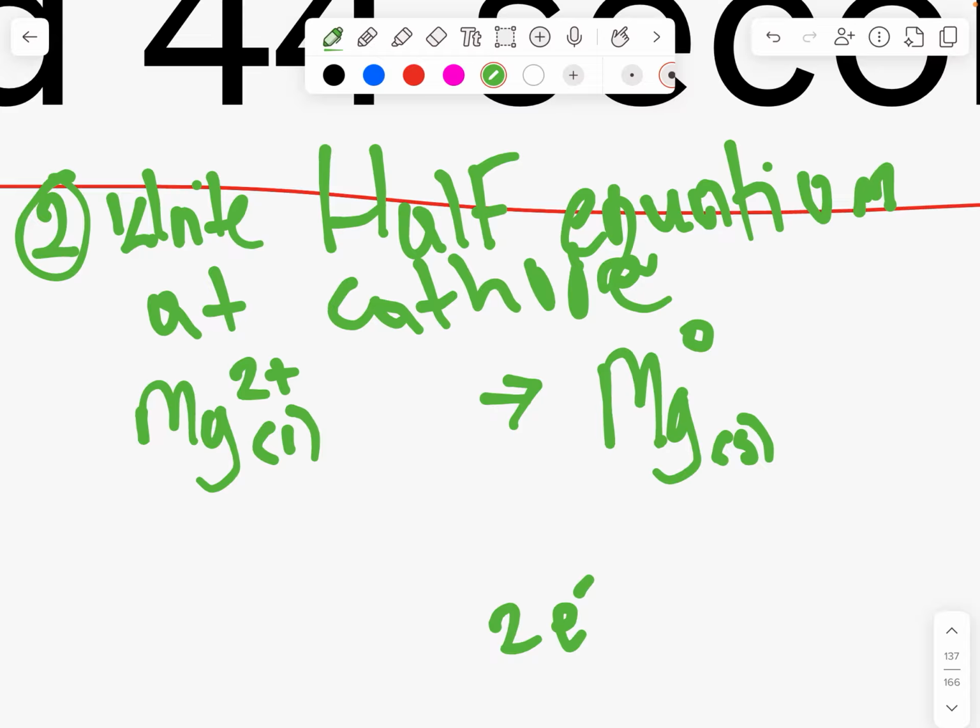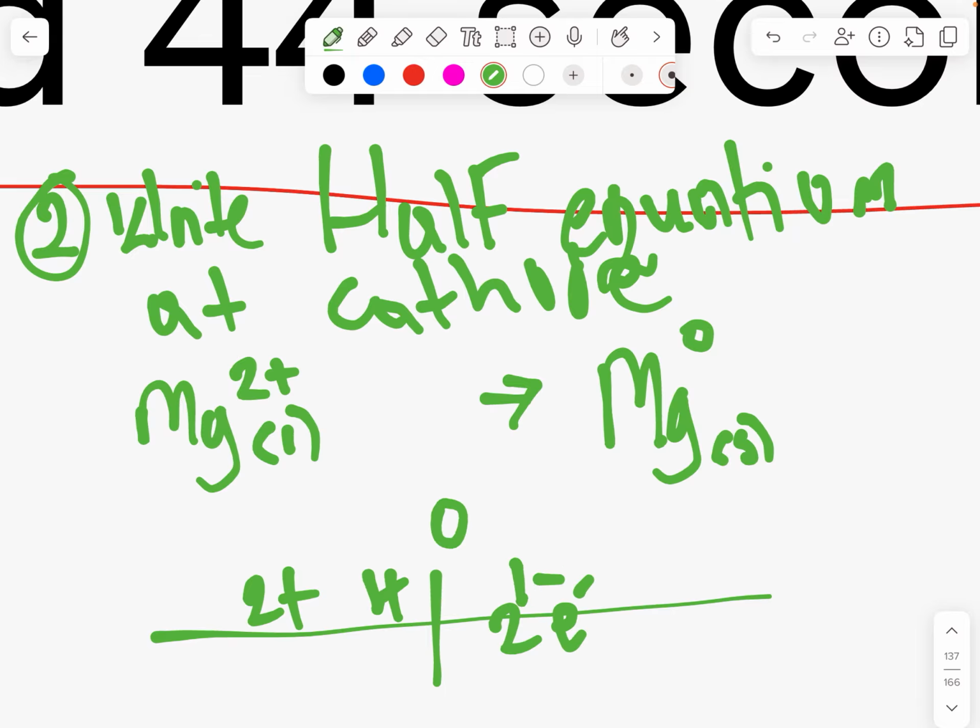So if you notice that your charge is decreasing, it goes from 2+ to 0, you can visualize a number line. I actually should have drawn this number line the other way.